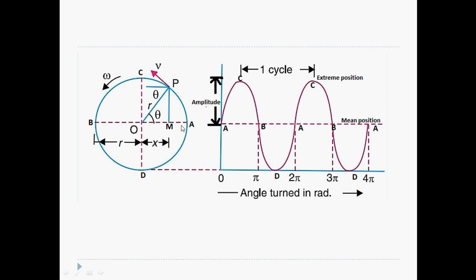So what happens when the particle moves from A to C? Its projection will be moving from O to C on this diameter CD.